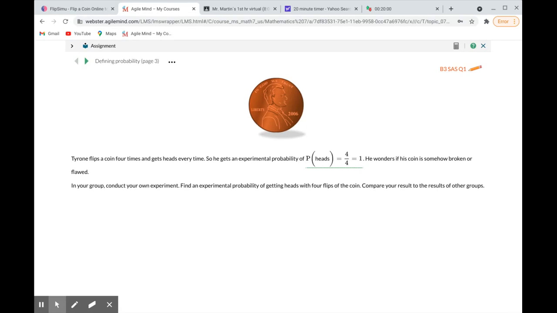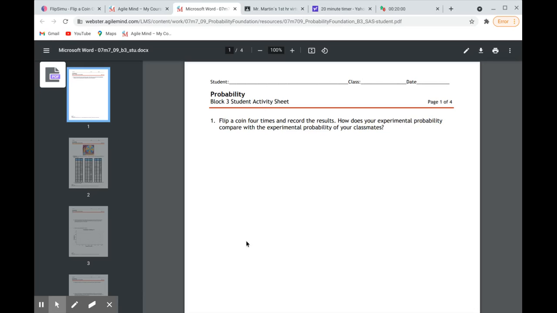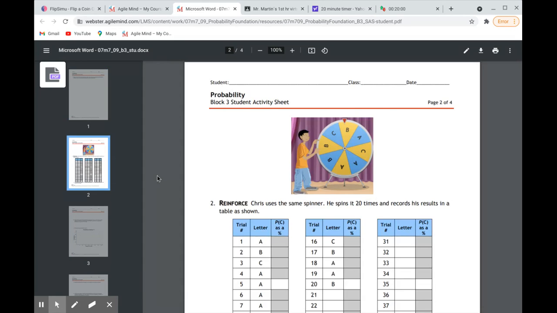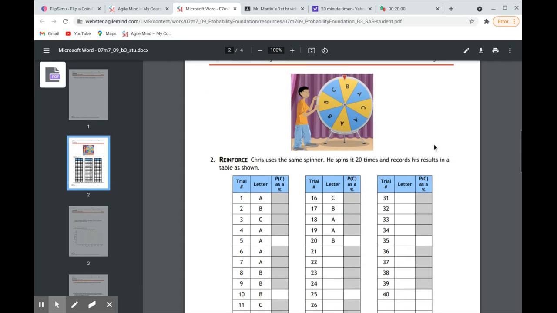All right, so you're supposed to write down what you got for question 1 in your workbook. That's what it should look like. It should say probability block 3. And then the next page should look something like this.